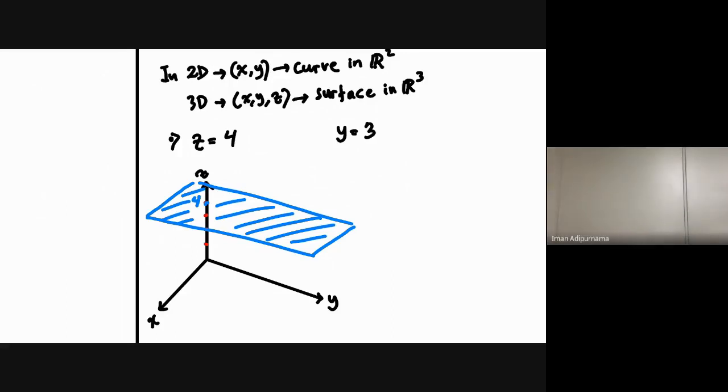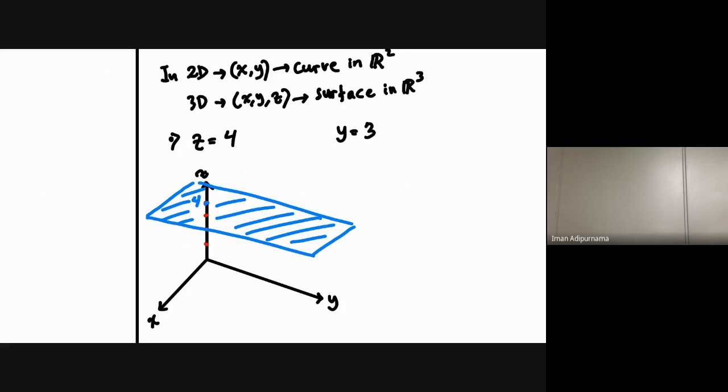In z equal 4, you have an unlimited amount of x and y, 2-dimension x and y, but it is slicing at 4. That's for z equal 4.